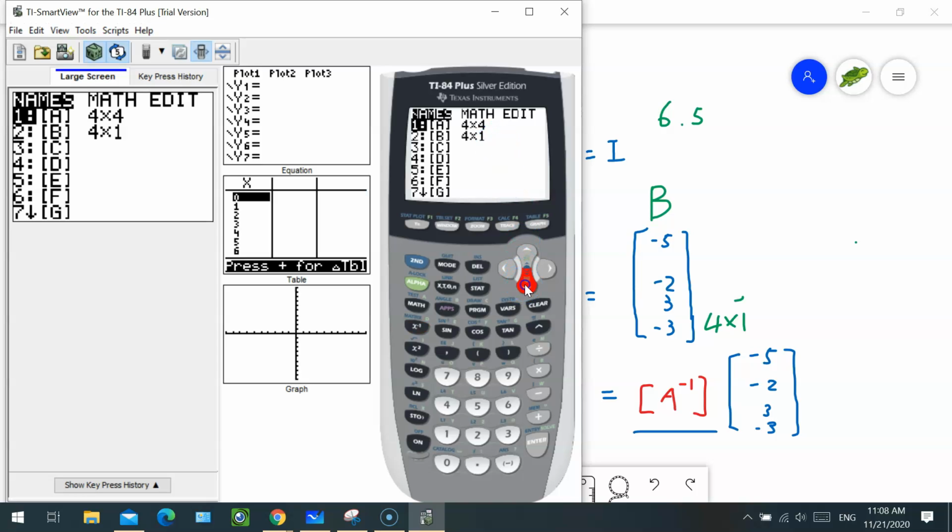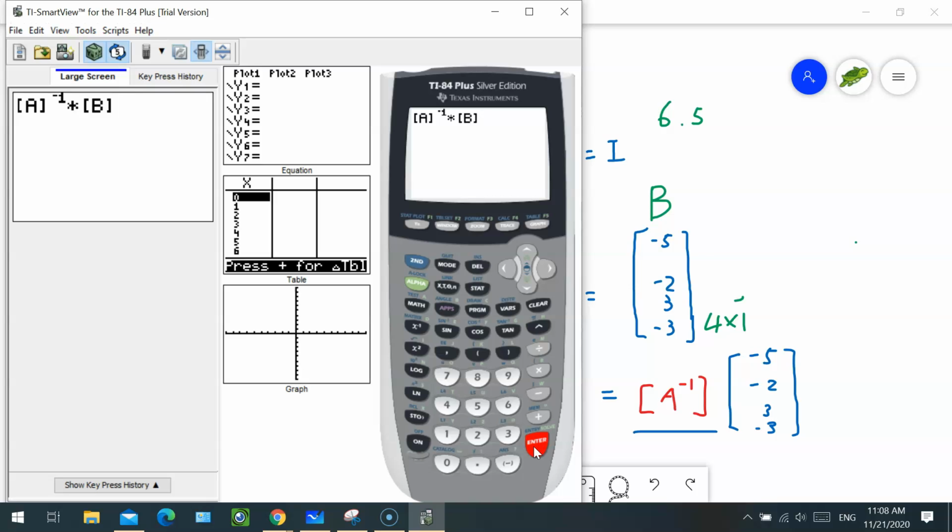Go down to pull out your matrix B. Hit the enter key. And then enter one more time. The solution here will show you those 4 unknown variables. So W is equal to 1, X is 3, Y is 0, and Z is -5. So this is an easier way, using the inverse of the matrix to find the unknown variables.